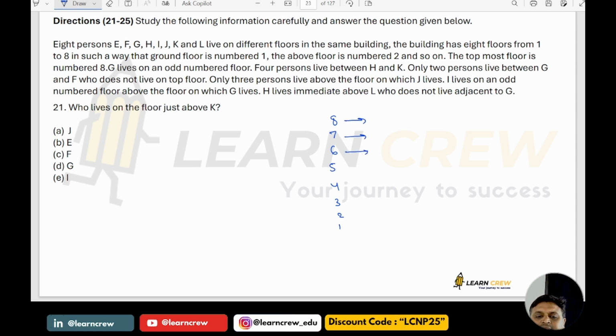Now you have to arrange the persons accordingly. G lives on an odd numbered floor, so G can be on 7, 5, 3 or 1. 4 persons live between H and K. Only 2 persons live between G and F, and F does not live on the top floor.